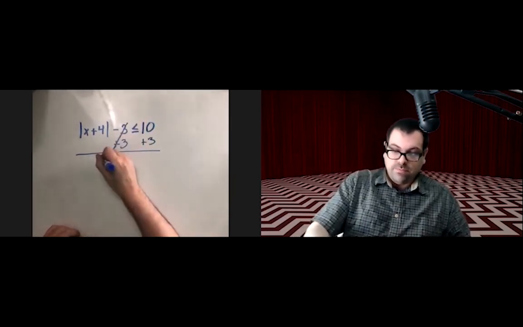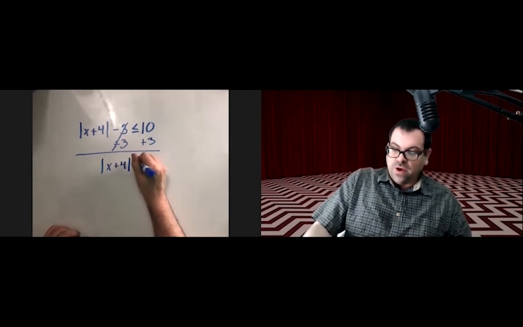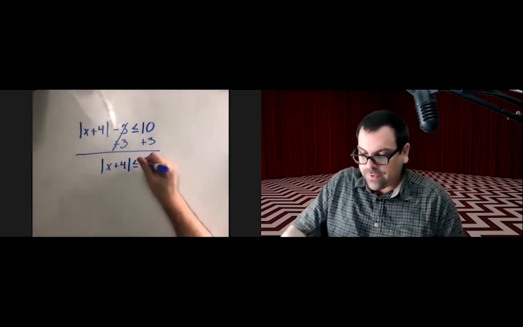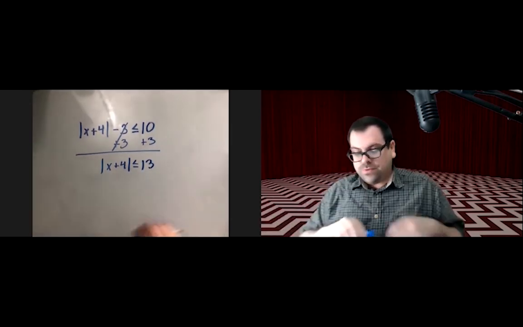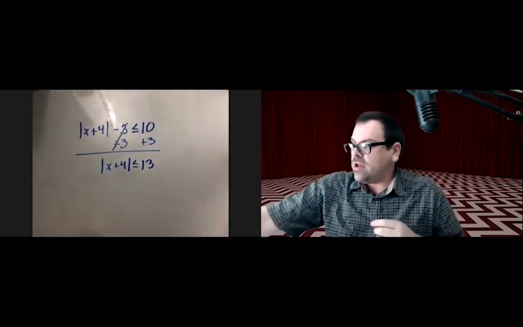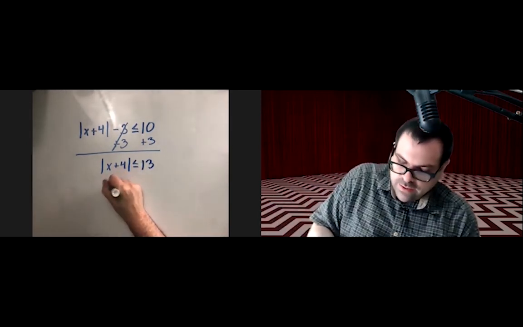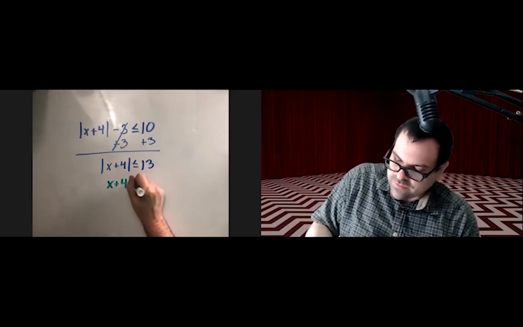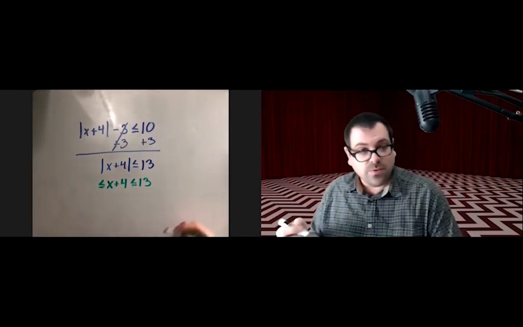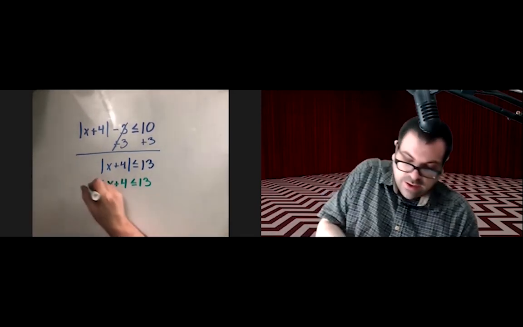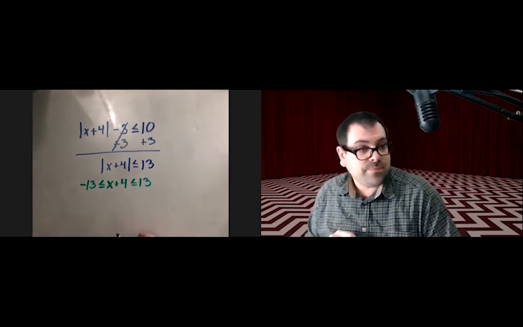Well, because then we have absolute value less than or equal to 13. And what do we do when we have less than or equal to? We write it without the absolute value sign. We put another less than or equal to in front, and we put the negative version of what our positive thing is.